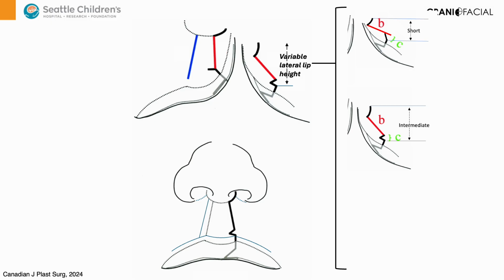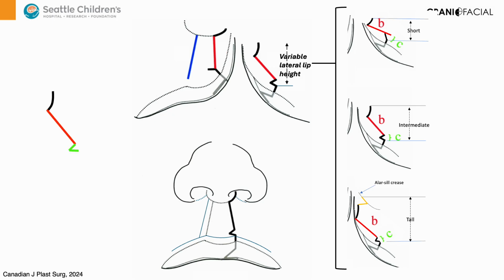Or it could be very short, and the configuration is like this, where the edge of the triangle is collinear with the philtral height, B. Or if there's excess or tall lateral lip height, we may actually have to excise a little wedge in order to equalize and correct the lip heights.